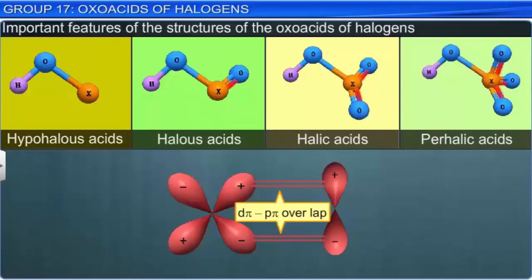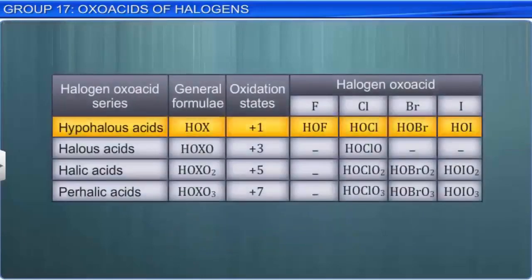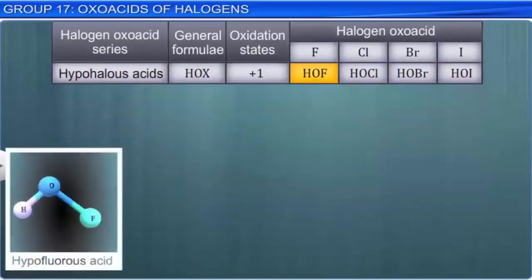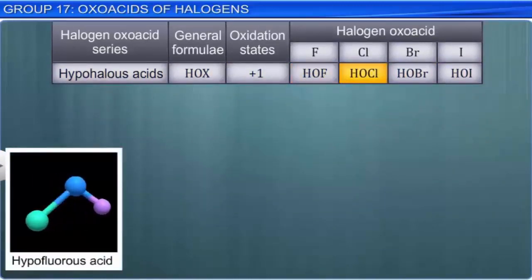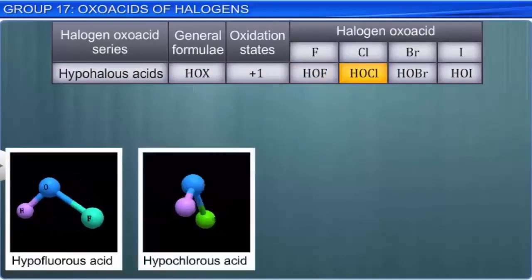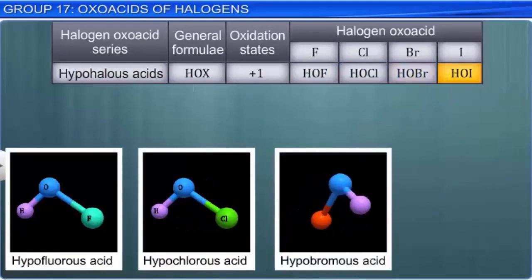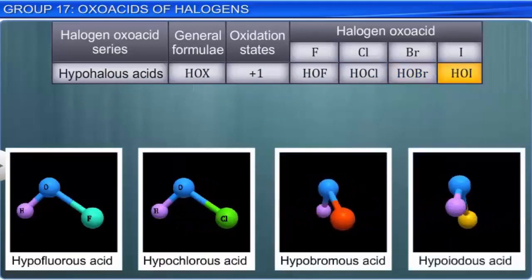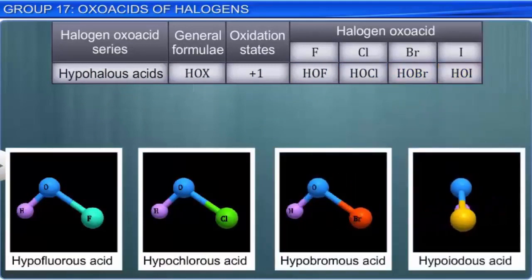The first series, that is, hypohalous acids, include hypofluorous acid, hypochlorous acid, hypobromous acid, and hypoiodous acid. The halogen has the oxidation state of +1 in hypohalous acids.